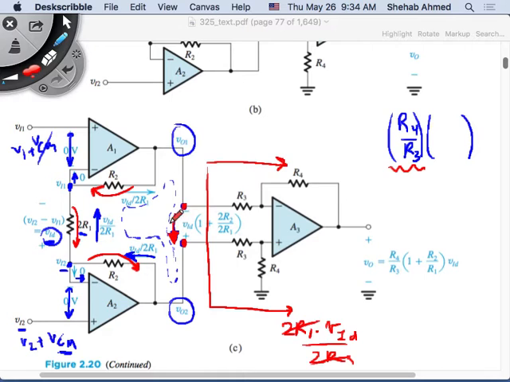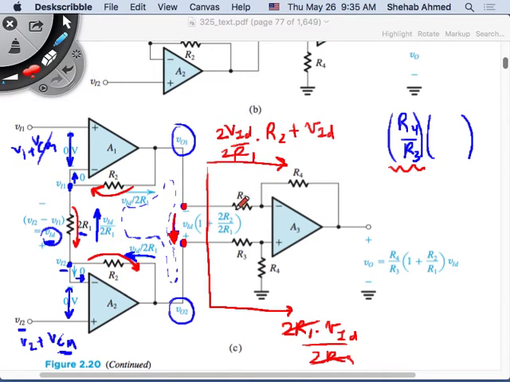So the voltage here is equal to what? It's equal to this voltage. So I have this voltage plus this voltage plus this voltage is equal to this voltage here. So VID over 2R1 multiplied by R2, plus VID, is the voltage across this, plus another one of these, VID over 2R1 times R2.